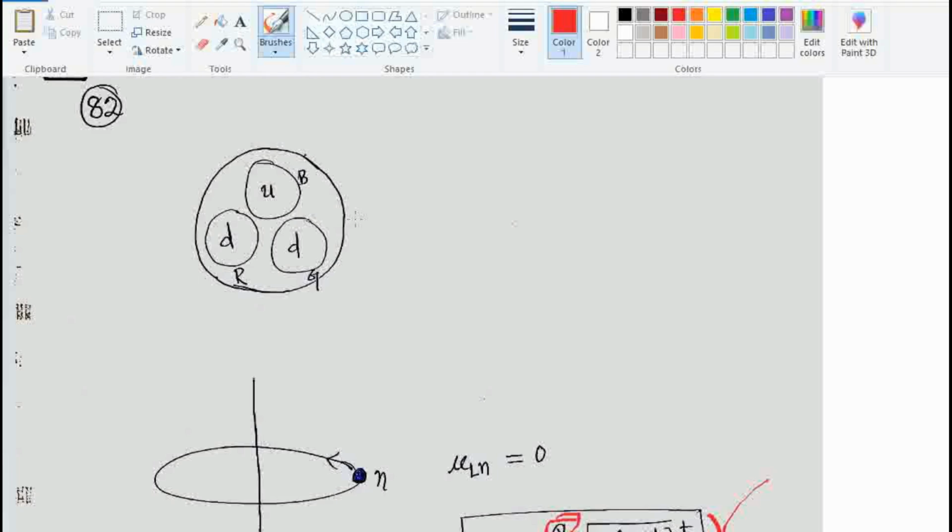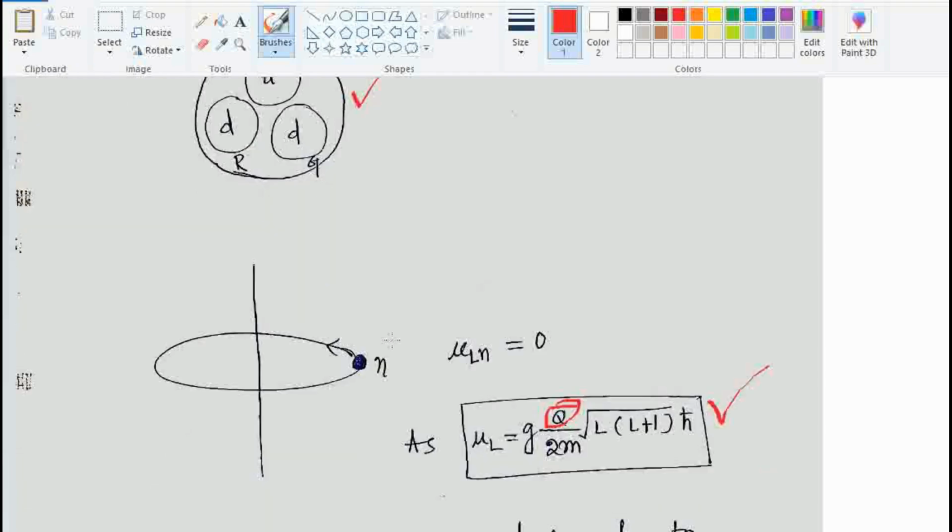This is the structure of a neutron, where one is red, green and blue. Here this red, green, blue are the color quantum numbers to specify these 3 quarks.